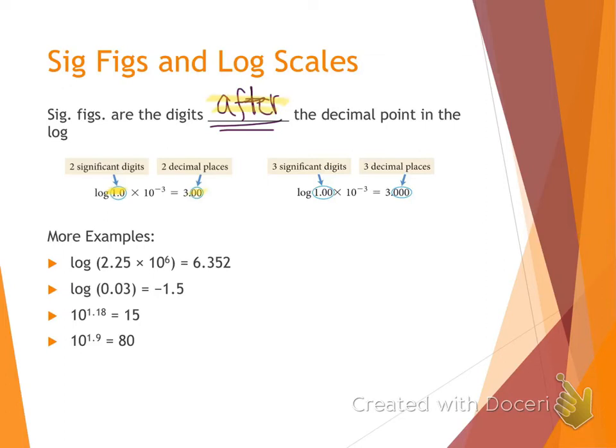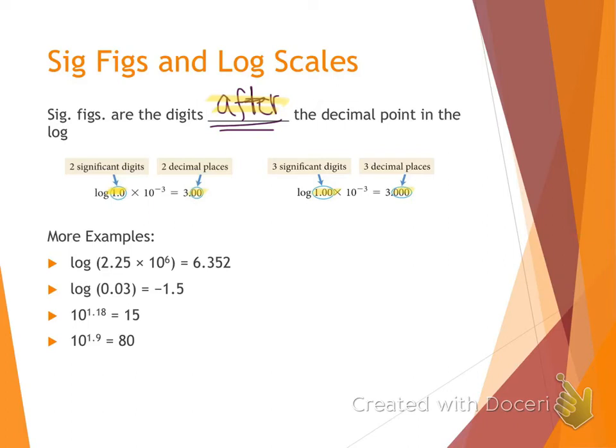So similarly, if we take the log of 1.00 times 10 to the negative third, we have 3 sig figs. In the log value, that's just the things after the decimal spot. So we need 3 decimal spots to represent those 3 sig figs.